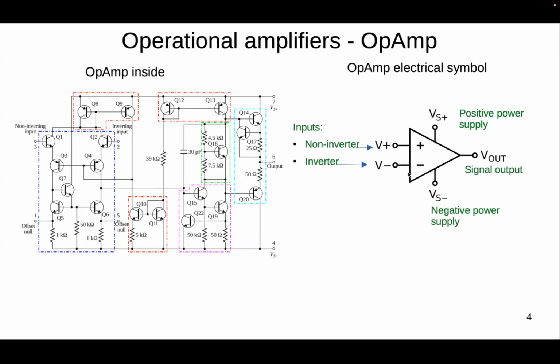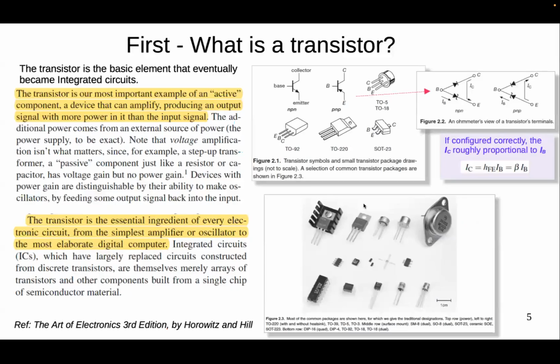This is the electrical symbol, and we can represent all these blocks, this configuration of different kinds of amplifiers made out of transistors, in one single module that we can deal with more easily, and it's much more convenient to use. So at the end, we have one non-inverting input, an inverting input, some power supply inputs also, and one output. We will see it in the next slide.